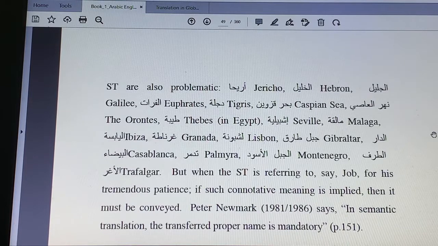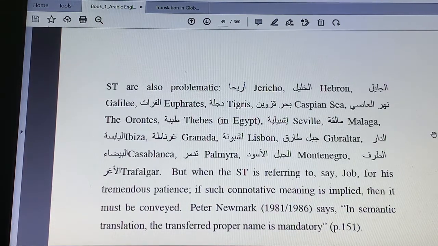Ishbilia, Seville, and Malaga, and Ibiza, Al-Yabisa, Granada, Lisbona, Lisbon, and Gibraltar, as I said earlier, Jabal Tariq, Dar al-Bayda, Casablanca, Palmyra for Tudmur, الجبل الأسود Montenegro, الطرف الأغر Trafalgar Square. So this is really quite a collection which I did some time back, so I thought maybe I will share it with you.